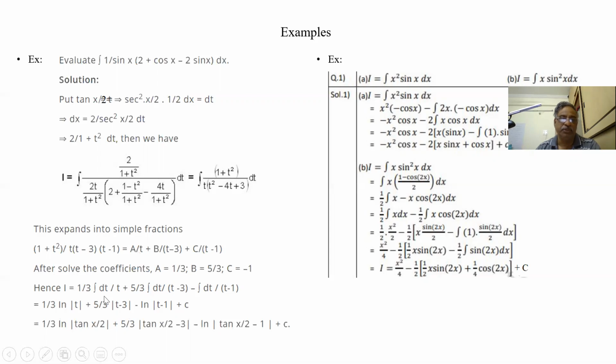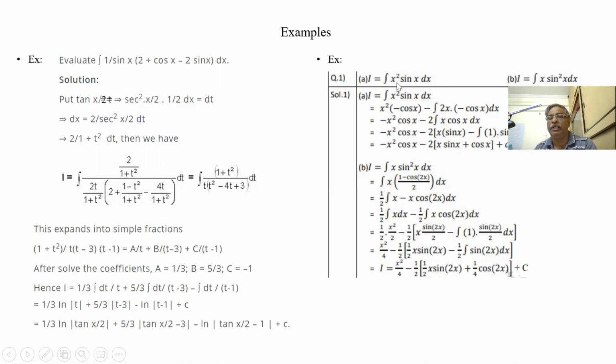When we equate the terms, we get 1 by 3 into dt by t, 5 by 3 into dt by t minus 3, minus dt by t minus 1. So then we do the logarithmic integration. What this example shows is that if multiple sin x's and cos x's are given, you go for tan x by 2, because all this can be converted into t form.